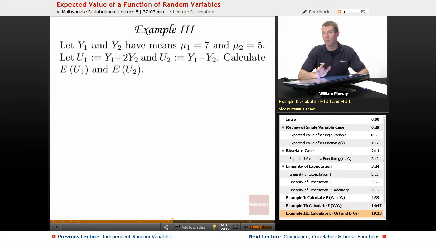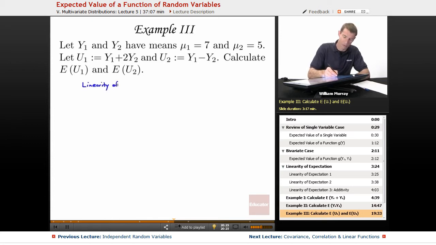So if you don't remember that, go back to the introductory slides for this lecture and look for the one called Linearity of Expectation. That's what we're going to use very heavily to solve this problem. Linearity of expectation is the key to solving this problem.